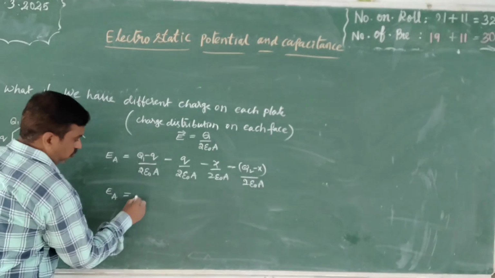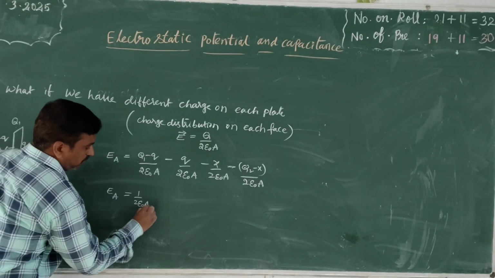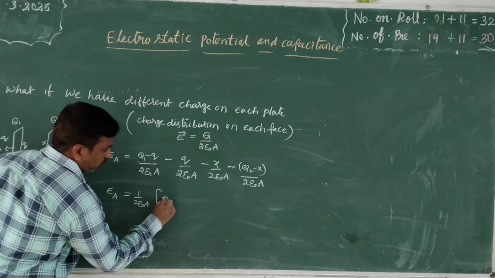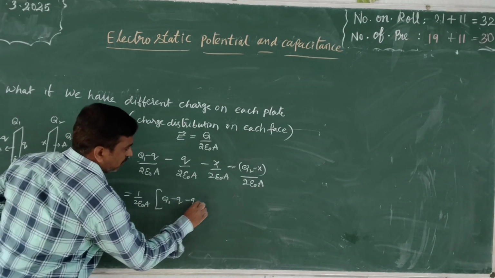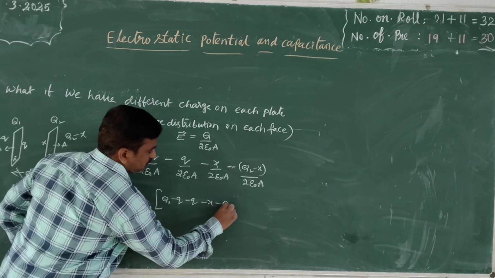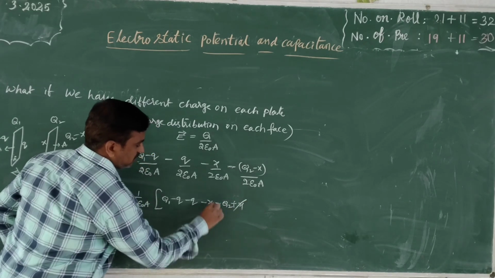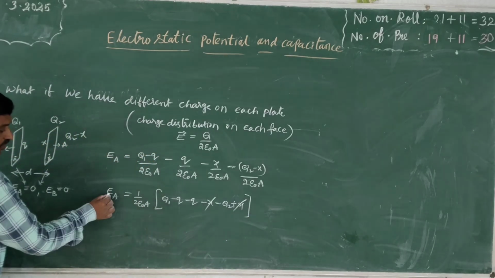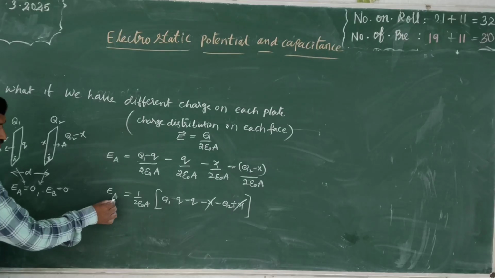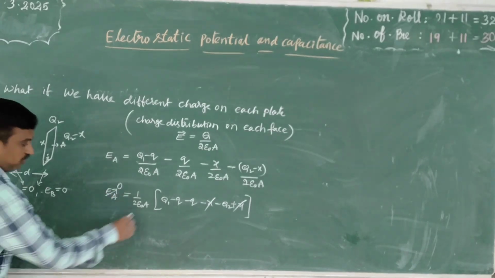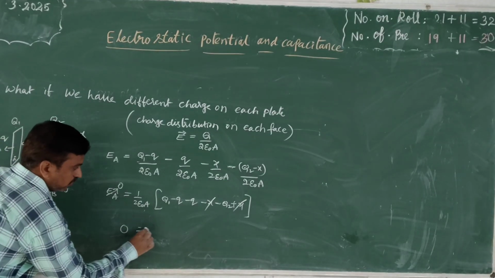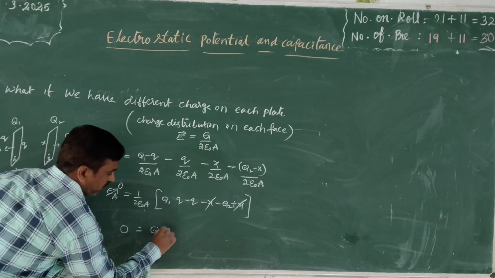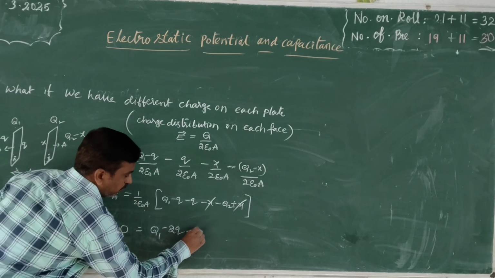Here 1 by 2 epsilon naught A is common, so we can write q1 minus small q minus x minus q2 plus x; minus x plus x cancel. The electric field inside the conductor is 0, so 0 equals q1 minus q minus q minus q2, which is q1 minus 2q minus q2.